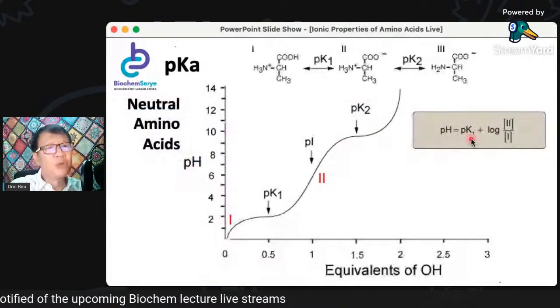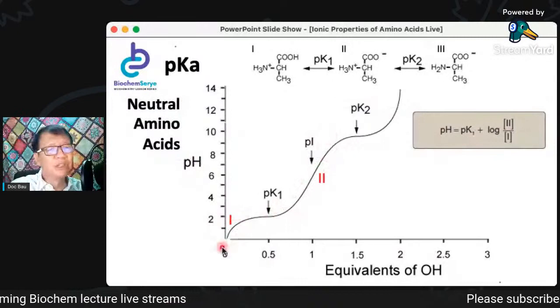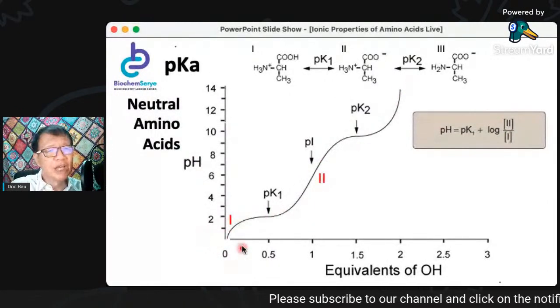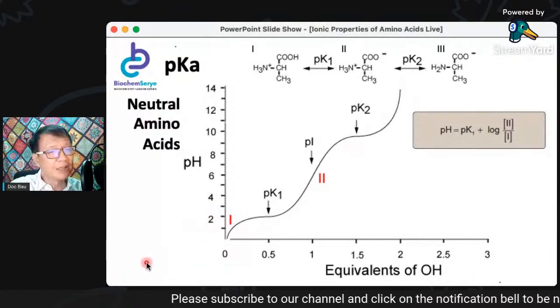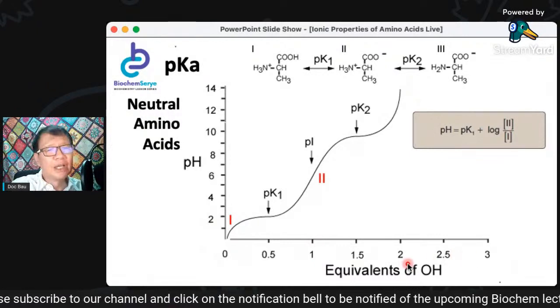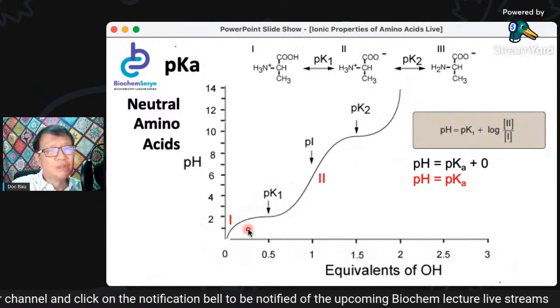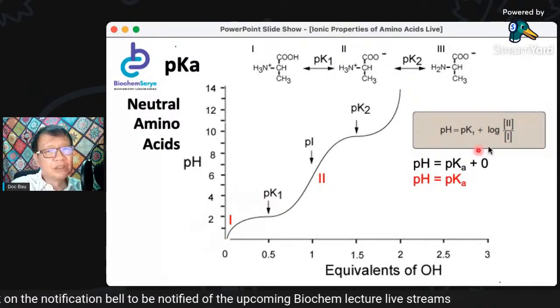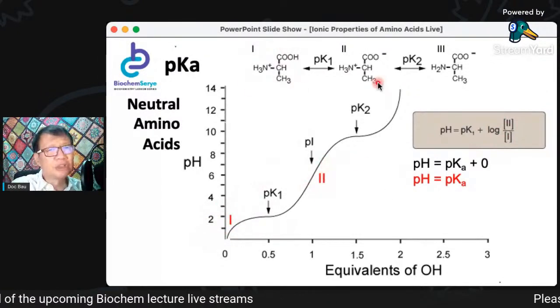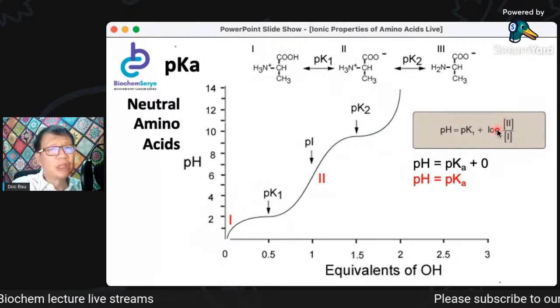So going back, revisiting. This is your very, very low pH, high hydrogen ion concentration: cation, zwitterionic, anionic. If the concentration of your cation is equal to the concentration of your zwitterion, what happens?